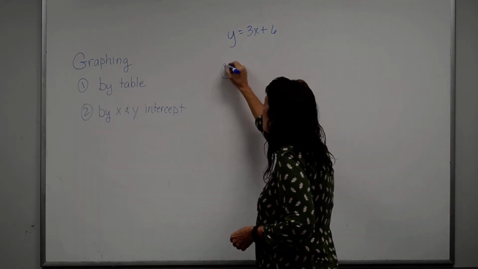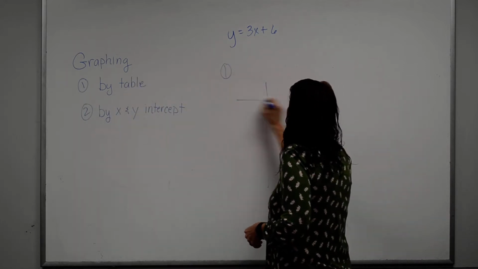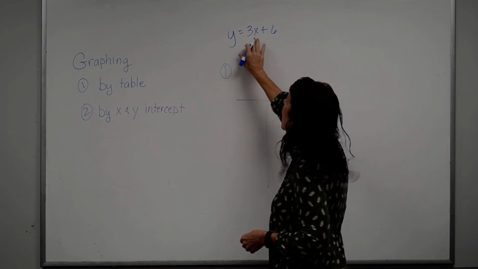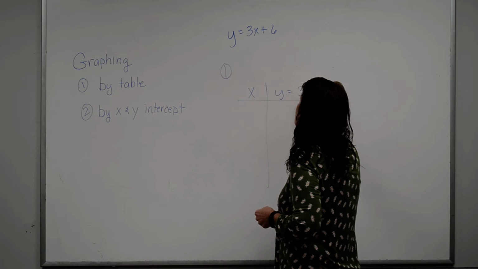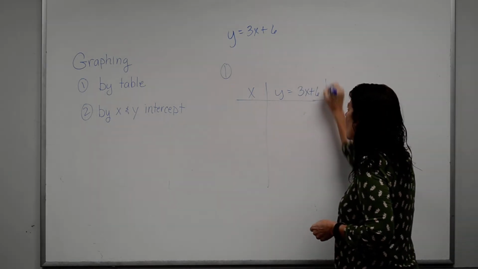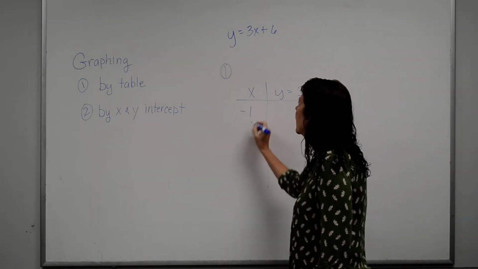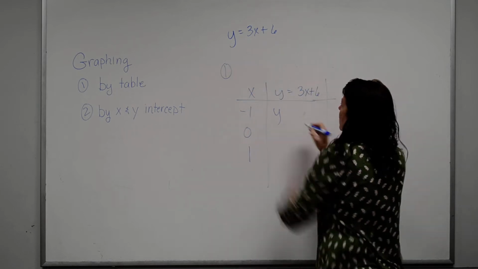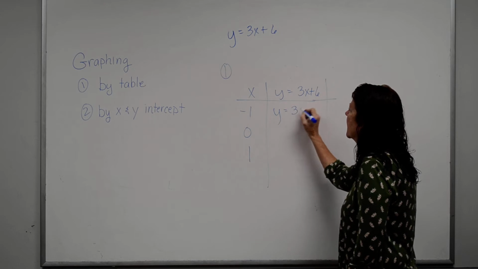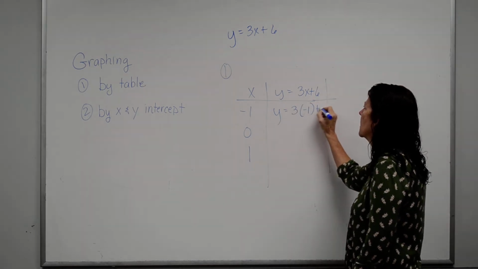By method 1, all I do is I pick values for the x and plug them in to figure out what the values of the y are that go with it. So let's say I pick -1, 0, and 1. And I plug it in, it's already solved for the y. So I say 3 times -1 plus 6.